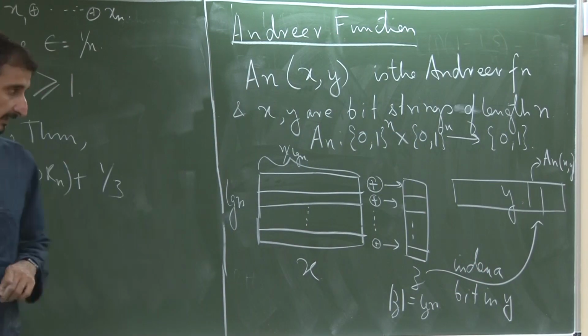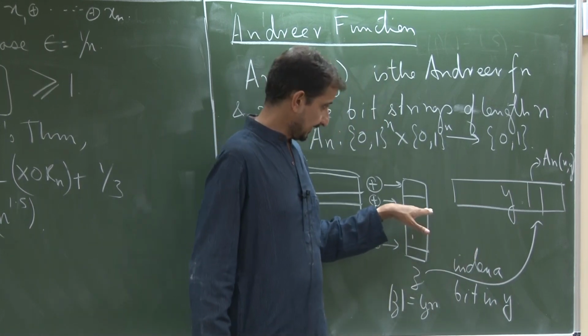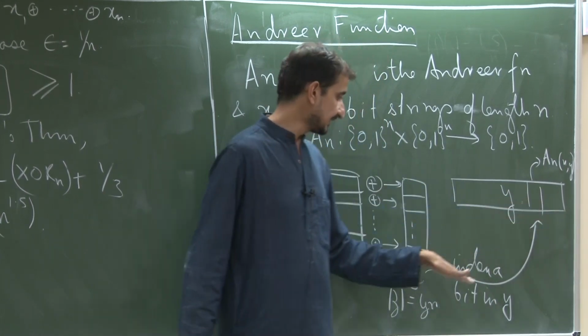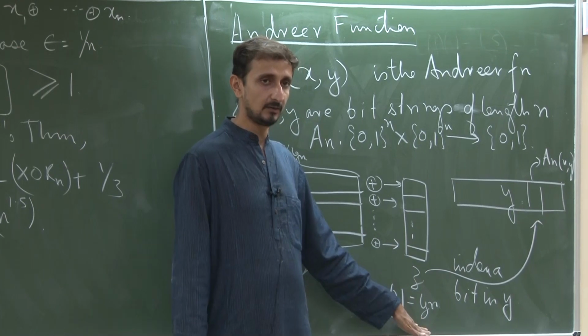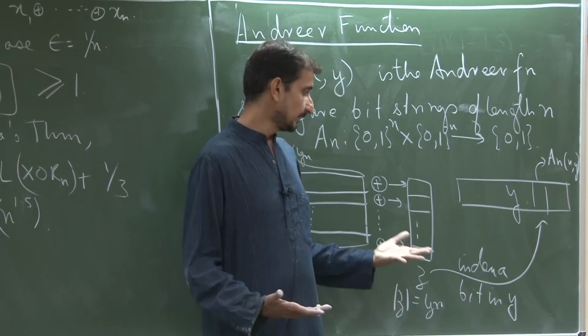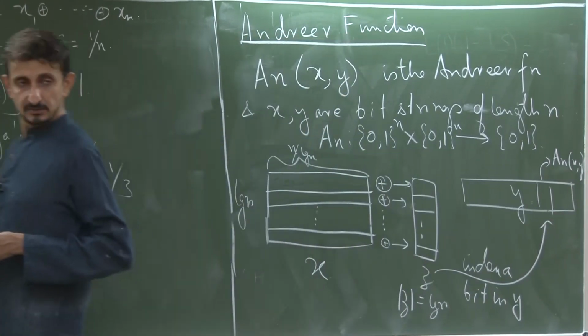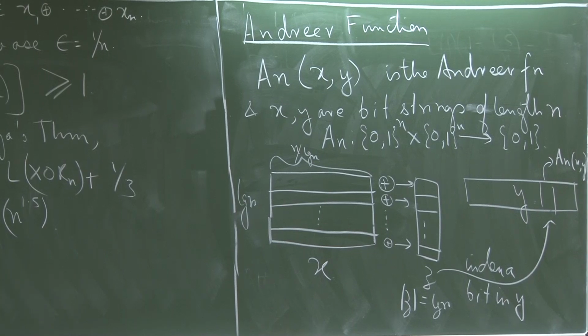Clear? Because any string of length n can be indexed by a string of length log n. Whatever the value of z is in decimal, I will use it to index, and that is my value. Okay. So, clear what the function is?